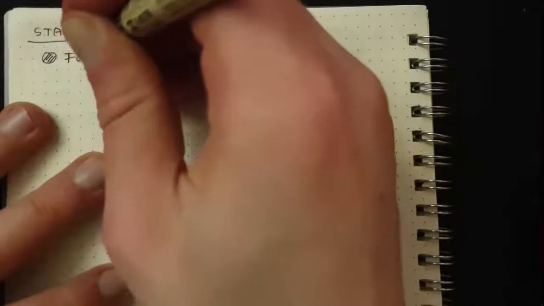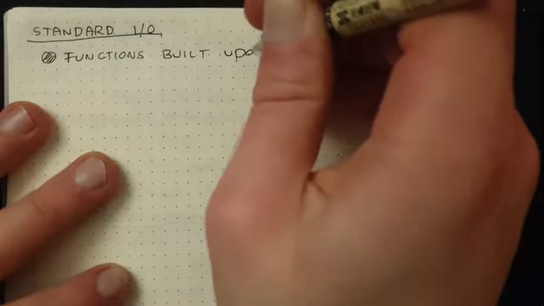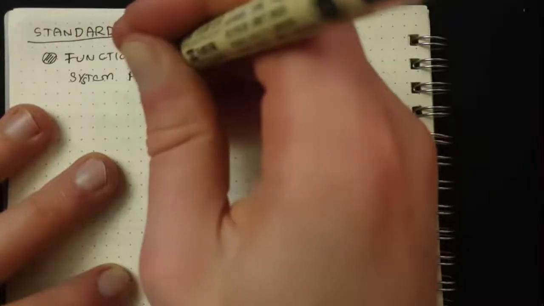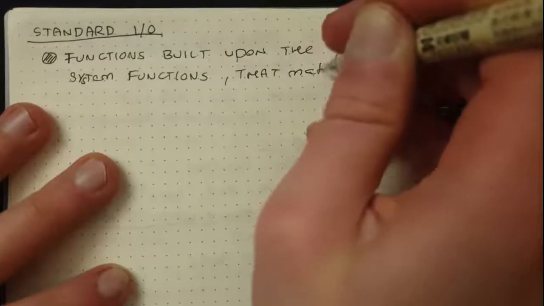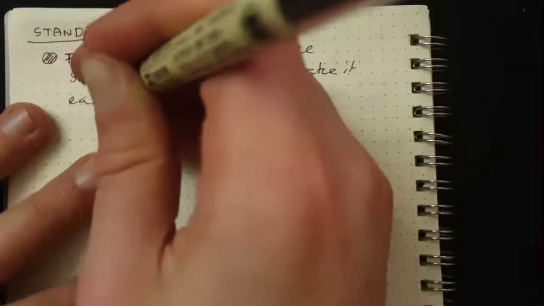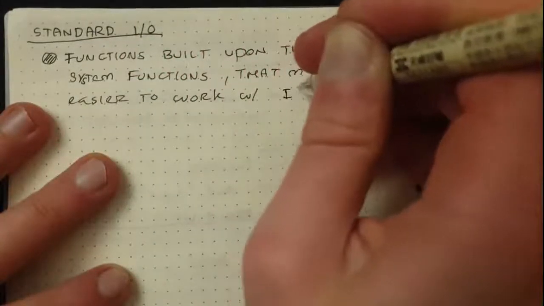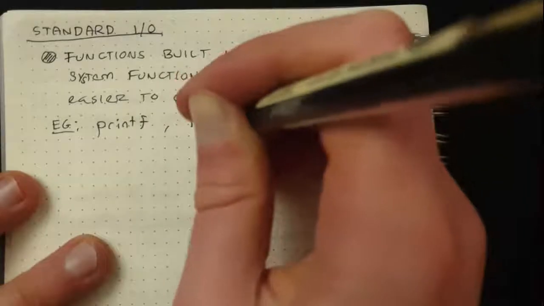So these are functions built upon the system functions that make it easier to work with inputs and outputs. For example, printf, fgets.